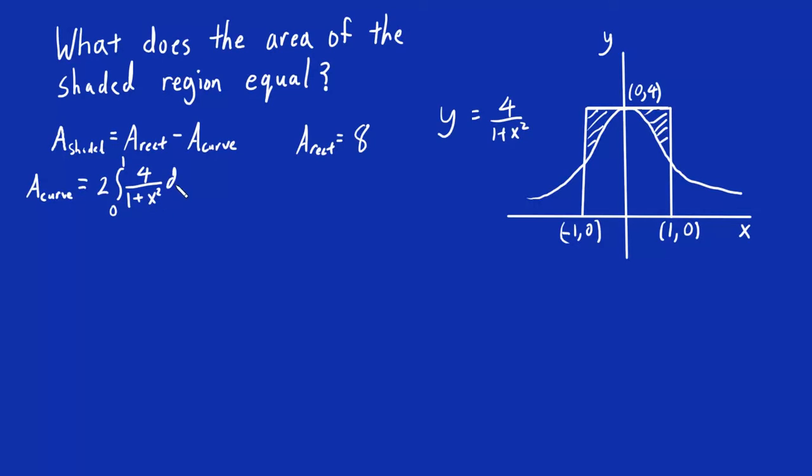x squared dx. When we look at this integral, you might be thinking chain rule, but we can't really do chain rule here because we don't have an x in the numerator. So instead we have to look at our trig identities.